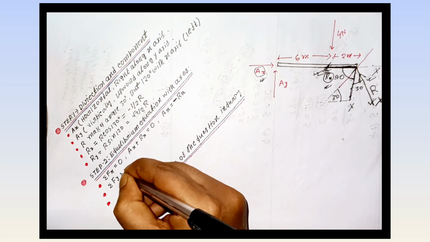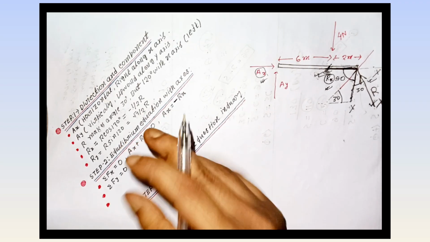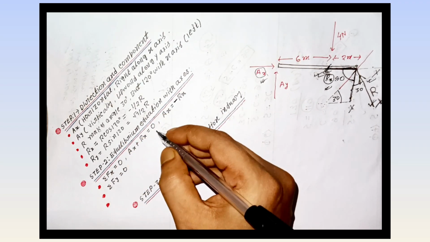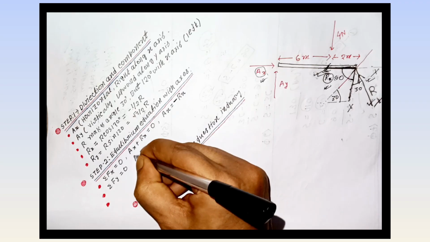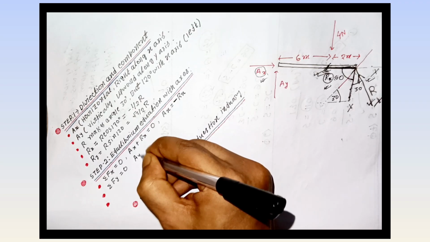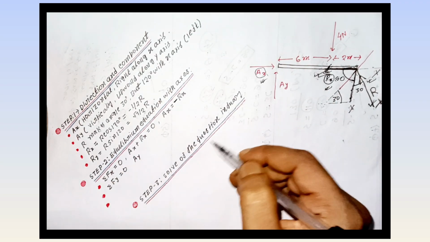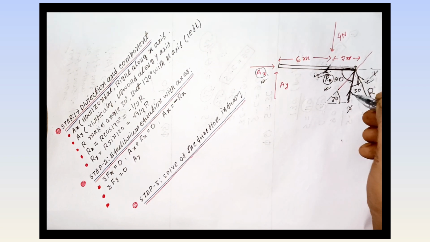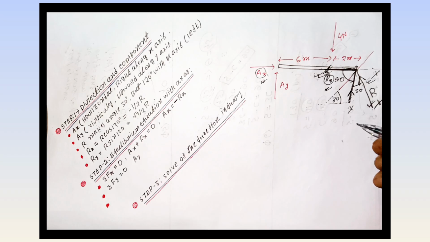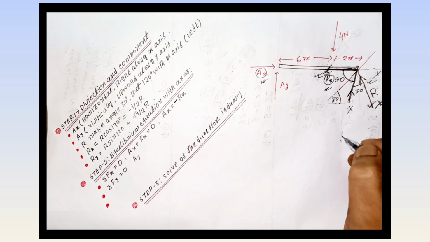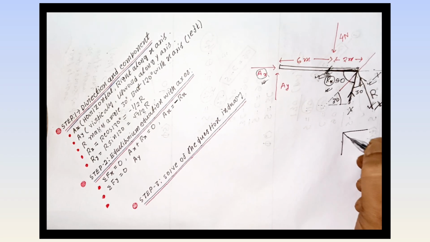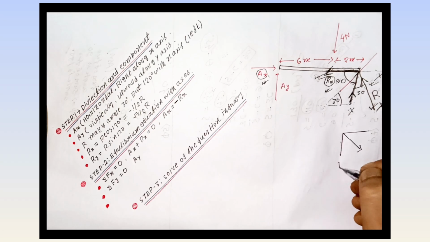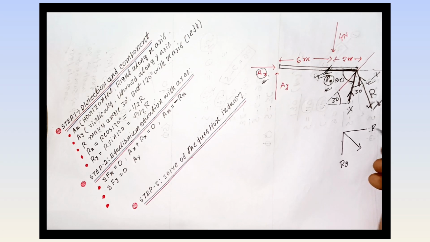Similarly, the summation of y equals 0, because the process is in equilibrium, so obviously 0. Along the y axis, there are three forces: Ay, R sin theta and 4 Newton. R sin theta is upward, so there are two upward forces. If R were in this direction, it would be downward, but it is not, because R is upward.